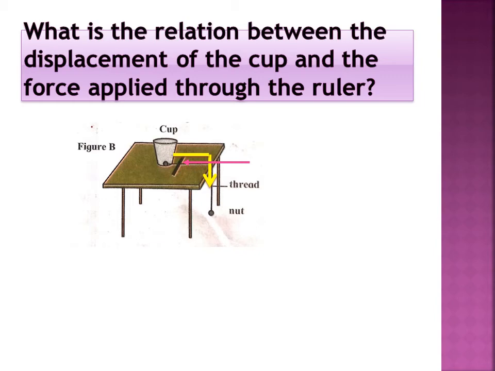The force applied by the ruler and the displacement of the cup are in opposite directions. So we can conclude here that when the force applied and the displacement are in opposite directions, it is negative work done.